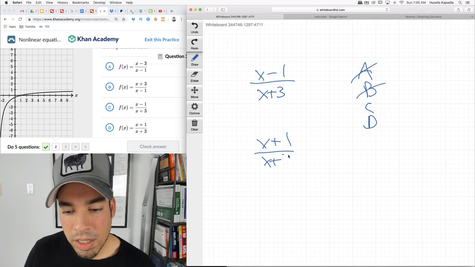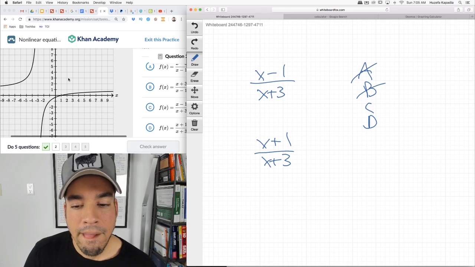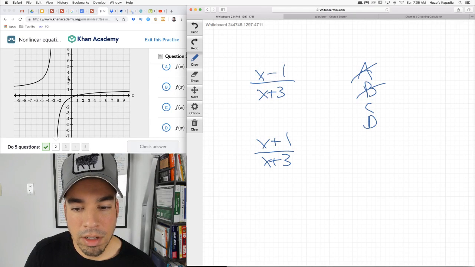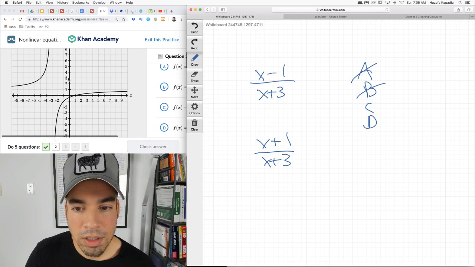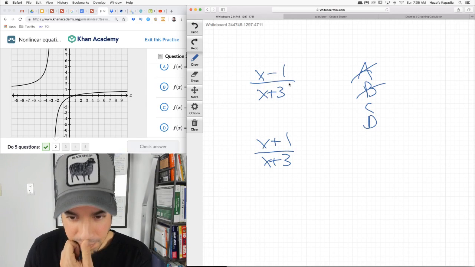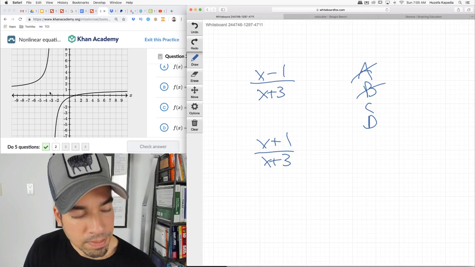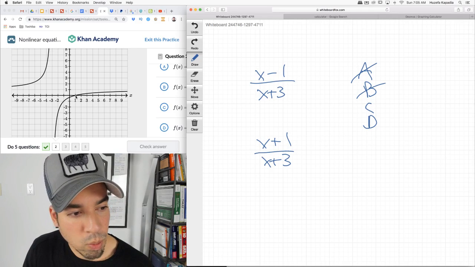Now there's a number of ways I could deduce which one is correct. We could do a little bit of plug and chug. And let's see, what's a fast way? Oh yeah, here we go, the y-intercept. I can see that there's a y-intercept at 1.